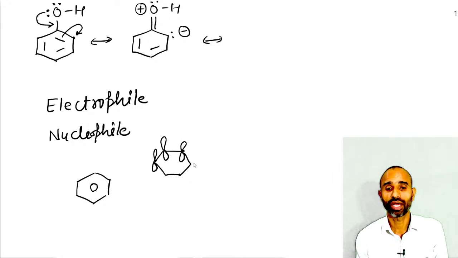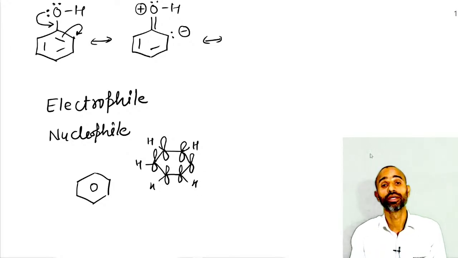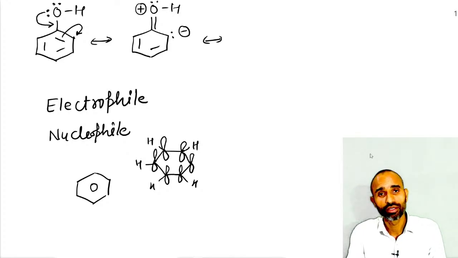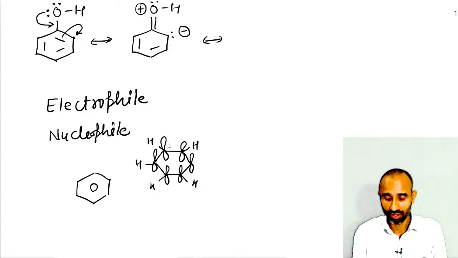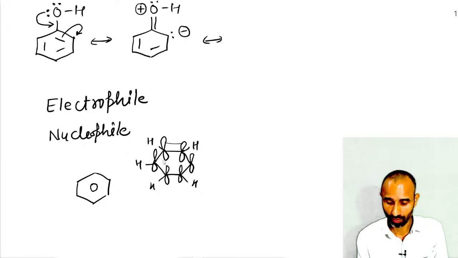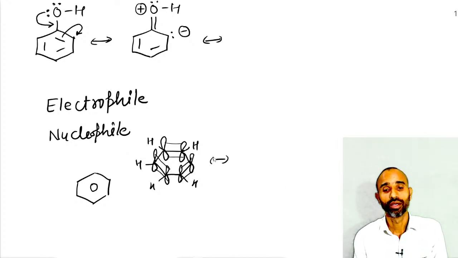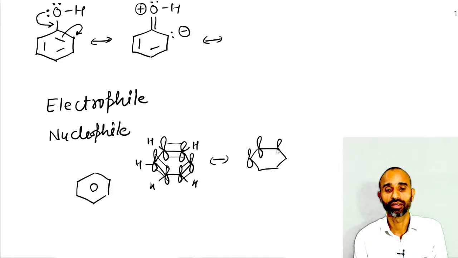each carbon is sp2 hybridized, and at the same time it has one unhybridized p orbital on each carbon, and that will form pi bonds, either in the way I have shown or the other way around.